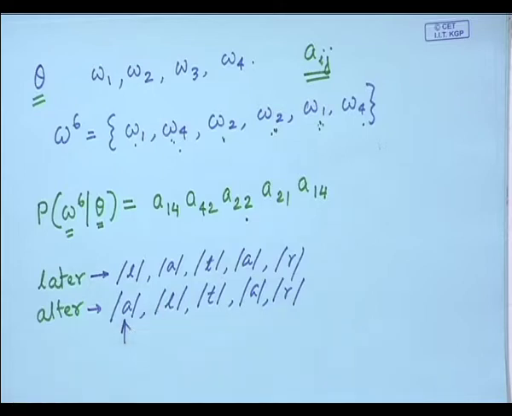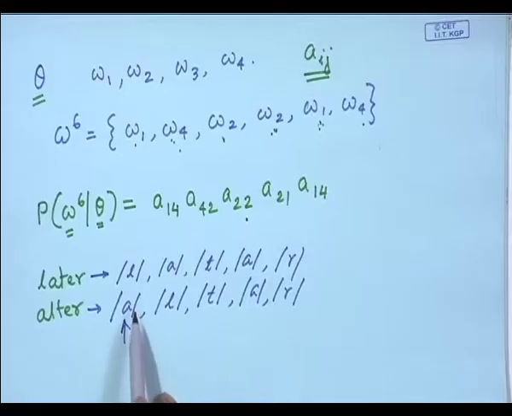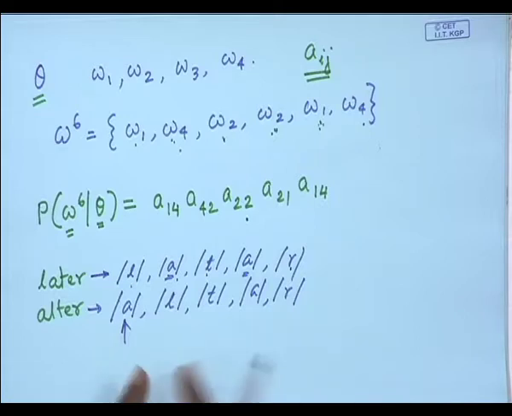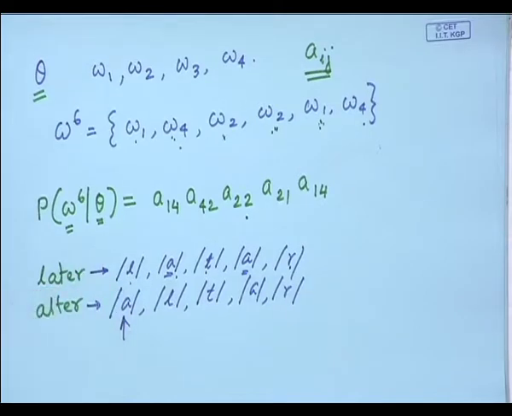So, I can say that in my hidden Markov model, every state corresponds to one such phoneme. Here I have 4 different phonemes, because the repeated phoneme is the same, so I can have 4 different states to model this particular spoken word.